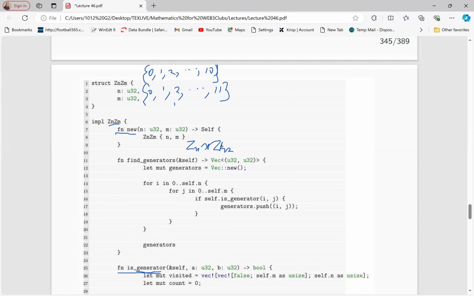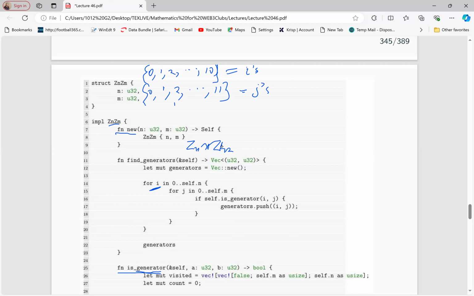It knows that 0, 0 can never be a generator because there's no number of times you can multiply 0, 0 to get a different element. Combines 1 and 1. So you can see what it's saying. These are I's and these are J's.